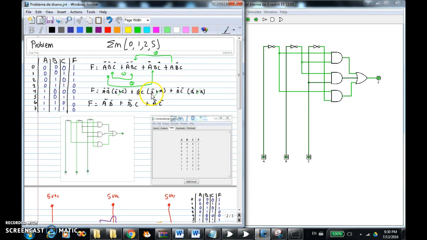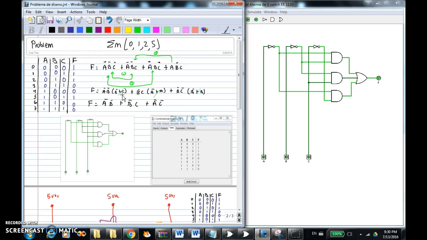With A inverting plus A. And the last group is A inverting, B inverting, C inverting with A inverting, B, C inverting. The common factor that they have is A inverting, C inverting, right? B inverting plus B.